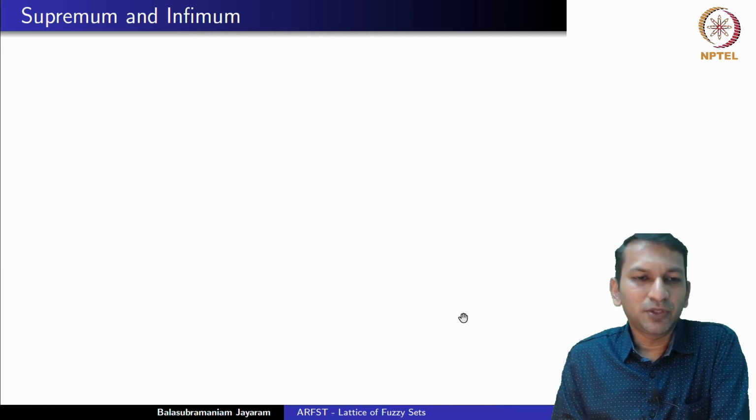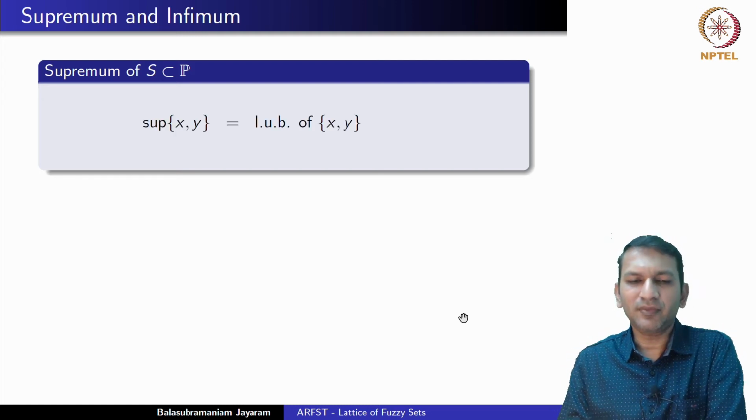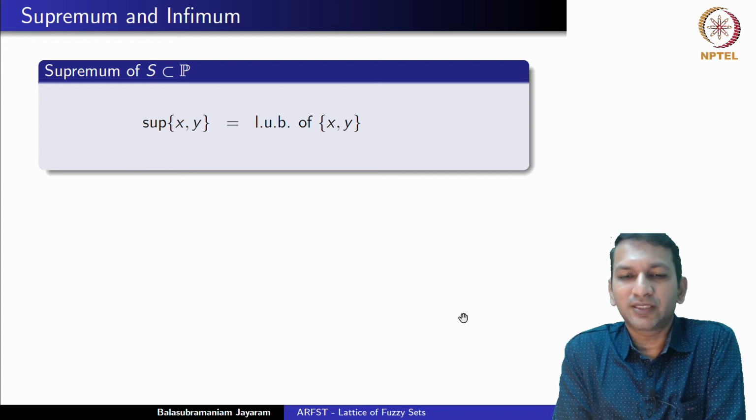Now let's come to the concept of supremum and infimum. These are nothing but the greatest lower bound and the least upper bound repackaged in terms of these terminologies. So given a pair of elements x, y, the supremum of x, y is nothing but the least upper bound of x, y.